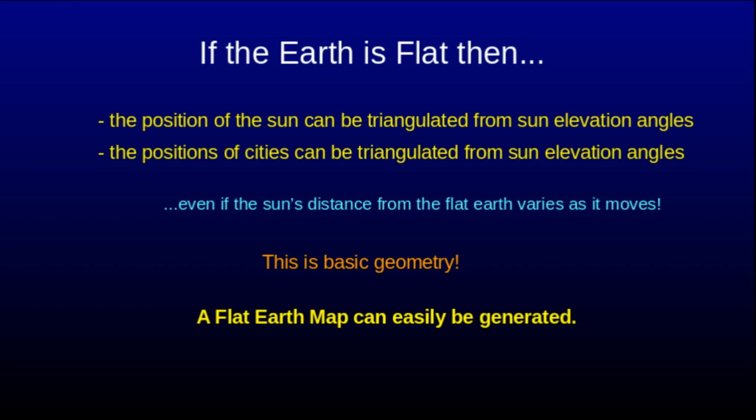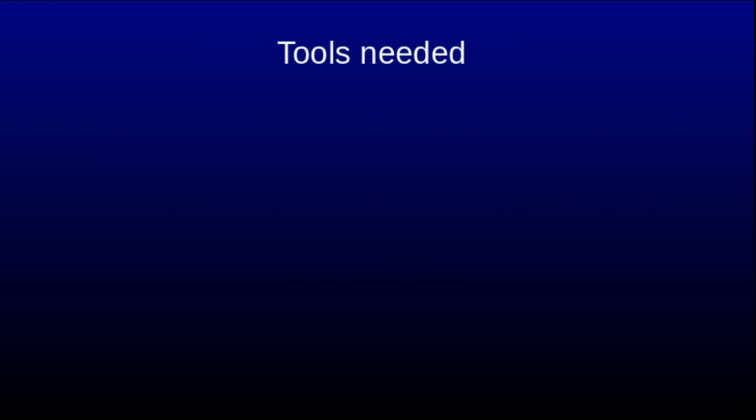The tools you'll need to do this typically would be the following: a level, to make sure that any plane that you measure with respect to is level with respect to the plane of the Earth, also to make things perpendicular to the plane of the Earth.